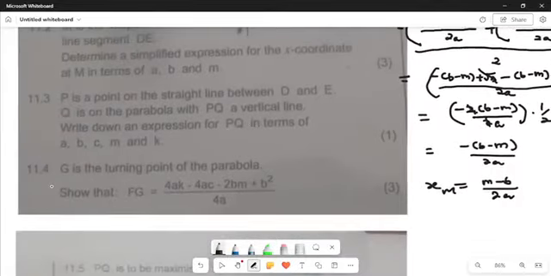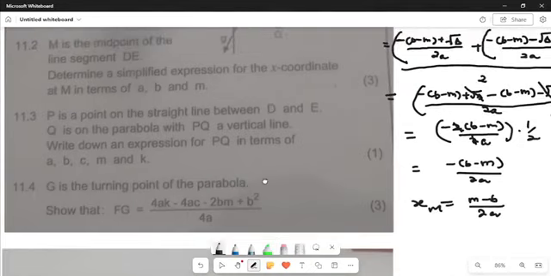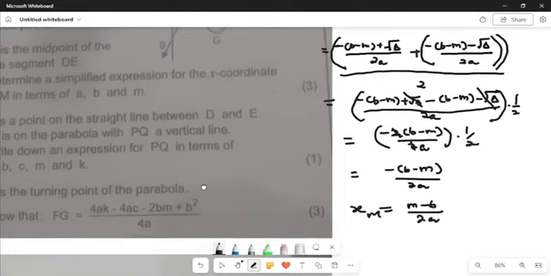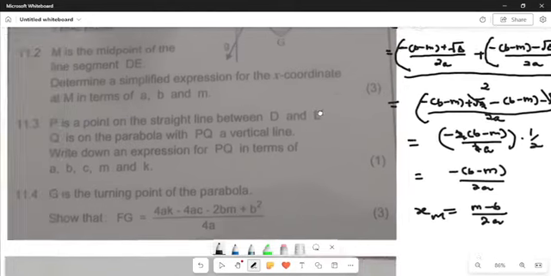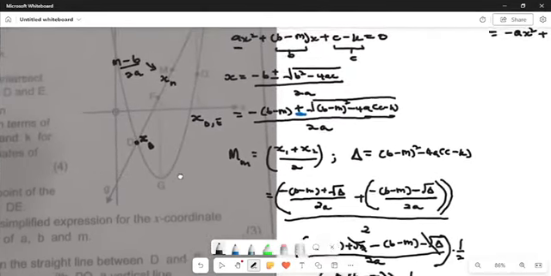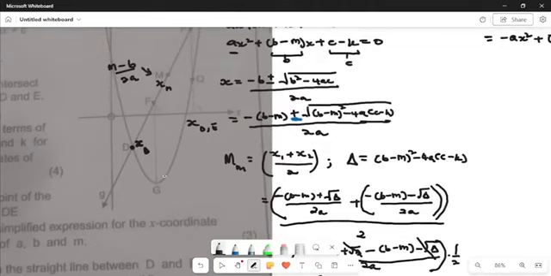And then question number 4. G is the turning point of the parabola. Show that FG is equal to the given expression in terms of k, a and c. Now we are required to present what FG is in terms of those variables and unknowns.